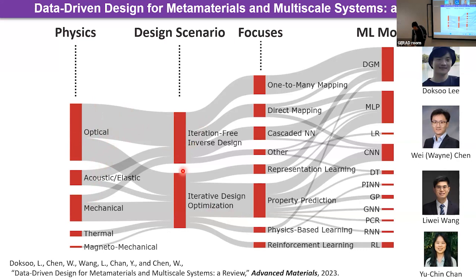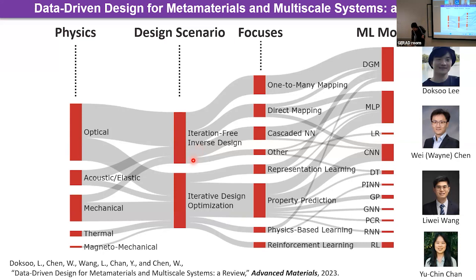Then there's design scenario, meaning do you want a method which is iteration-free? If you think about machine learning, with many techniques like generative modeling, you can do inverse design without any iteration. You give the targets, and you find the corresponding geometry. So we call this iteration-free inverse design.